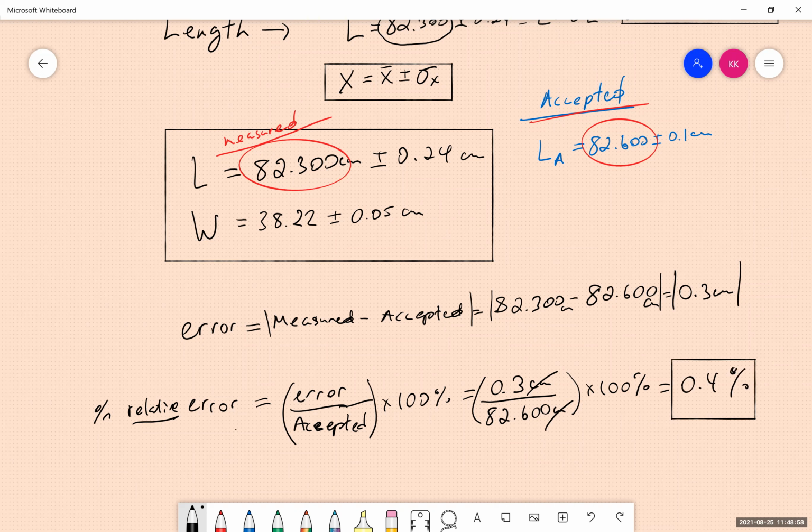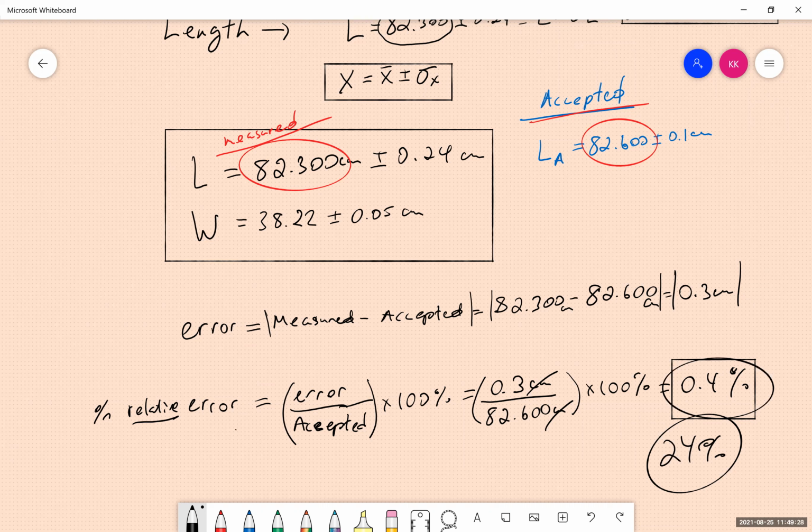That means they are different only by 0.4%, less than a percent. Is this a good experiment? Absolutely. What if my measurement was 4%? Well, it would have been a little bit higher than expected for something straightforward like this. But if it's, let's say, 24% or 34%, now that would have been a relatively poor experiment. 0.4% is an excellent experiment, and that's how you measure accuracy.